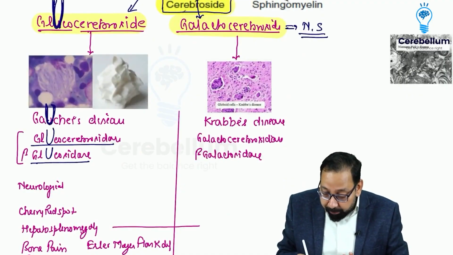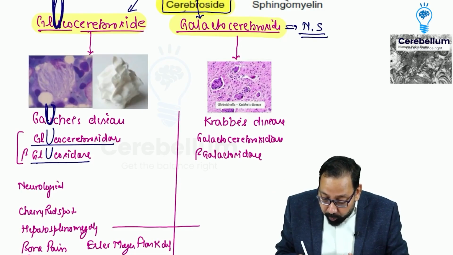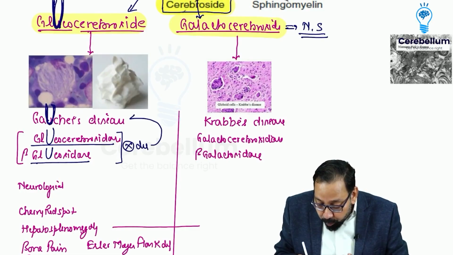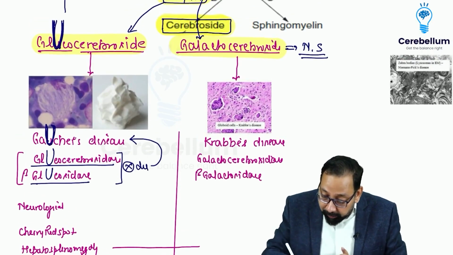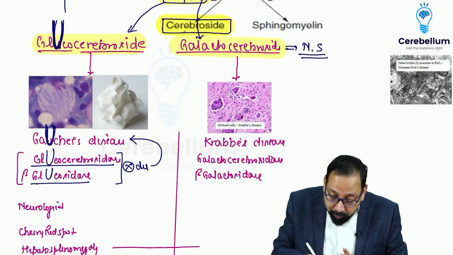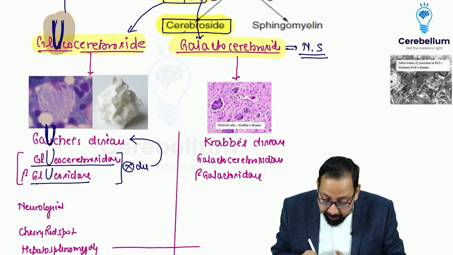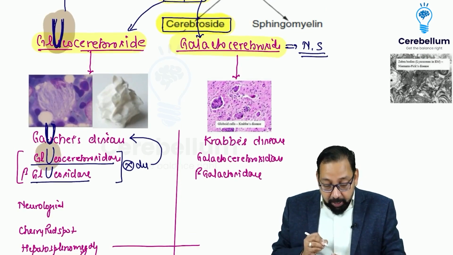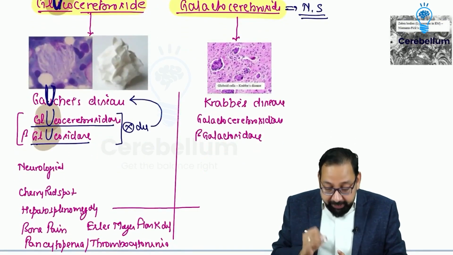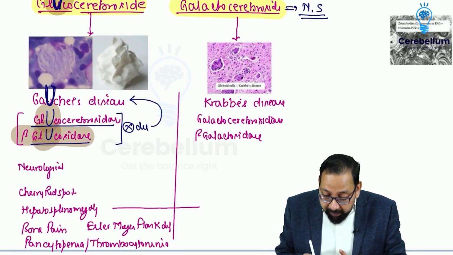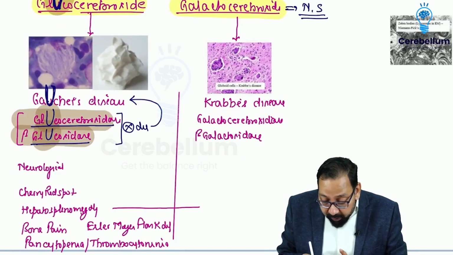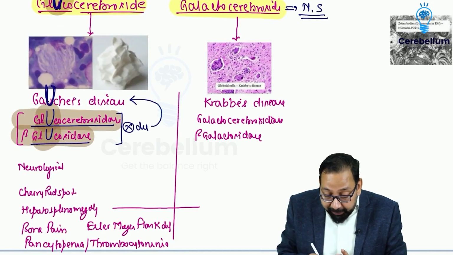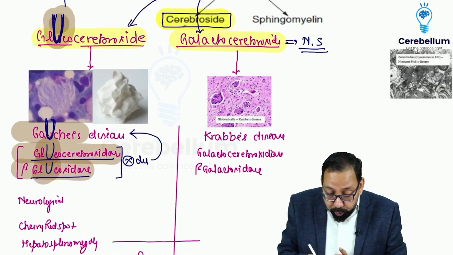So if glucocerebrosidase or beta glucosidase is deficient, then it leads to Gaucher disease. So the mnemonic is U. Glucocerebroside is metabolized by glucocerebrosidase, by beta glucosidase. If beta glucosidase or glucocerebrosidase is deficient, that leads to Gaucher disease.